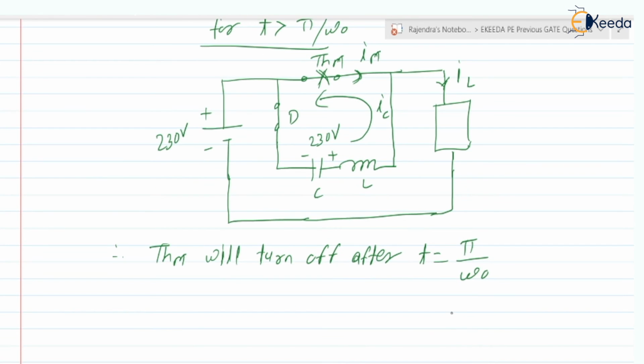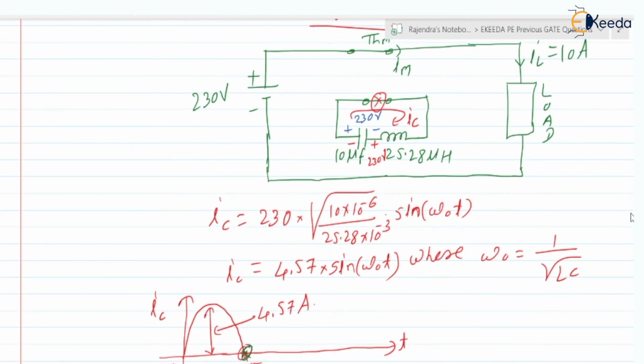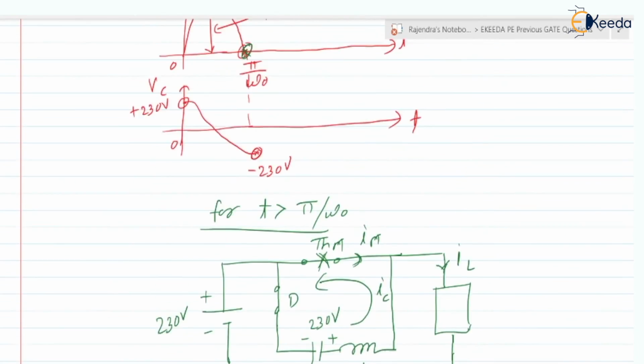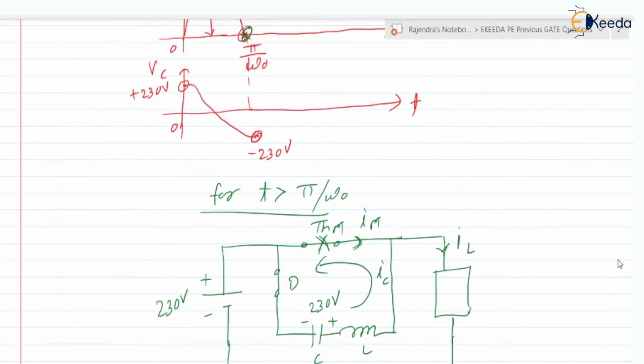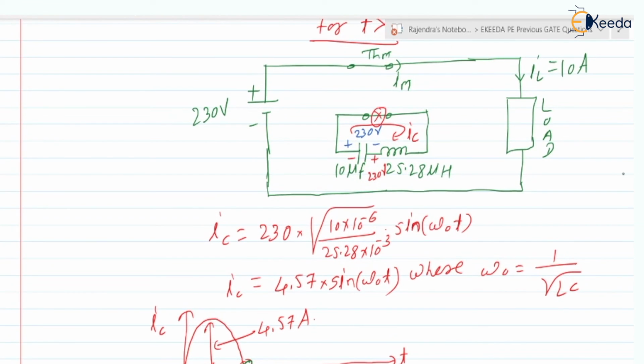You can write it is equal to pi by omega 0, means pi upon 1 by root LC. So it is equal to pi into root LC, right? What is the L? It is 25.28 microhenry they have given. Wait a minute, this should be IC.